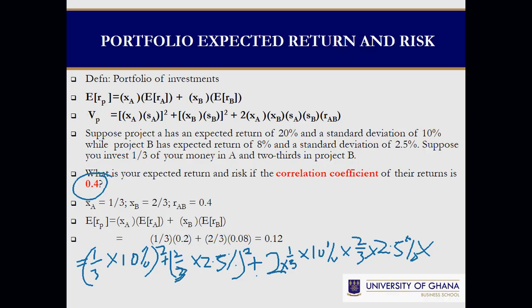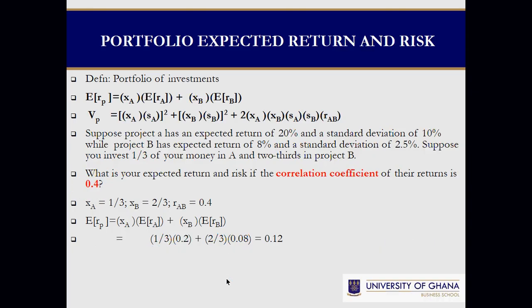Then you come to the correlation, so this is 40%. If you're able to get the first part, that's all. You multiply all of them, right? That's it. This is how it will look. I don't want to waste much time, so once you input this on the calculator, you're going to get your answer.